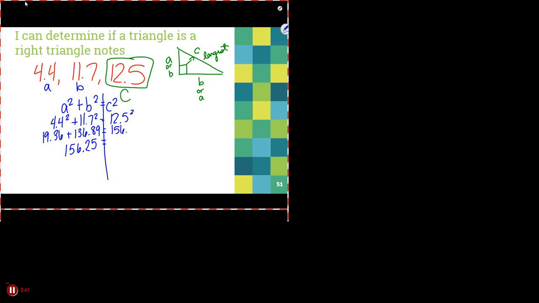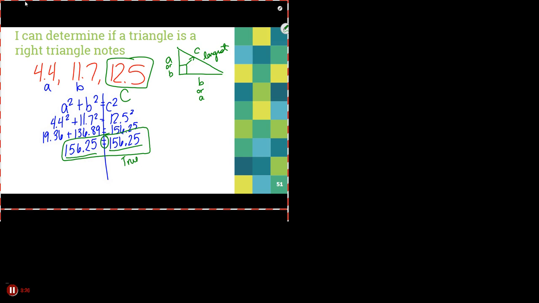We get 156.25. Once we've evaluated both sides completely, right here is where we're going to come up with our answer. There are 2 parts to this answer. Do you have the correct values on the left, and do you have the correct values on the right? And then do you have the correct answer? Right here, we need the left side, A squared plus B squared, to be equal to whatever C squared was. If these are the exact same number, 156.25 equals 156.25, that's a true statement.